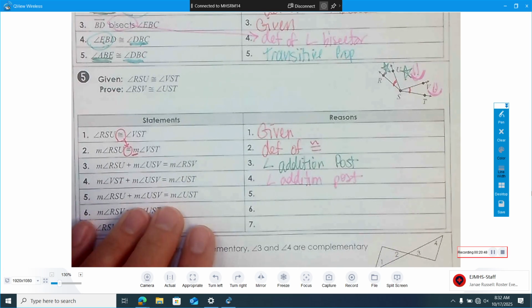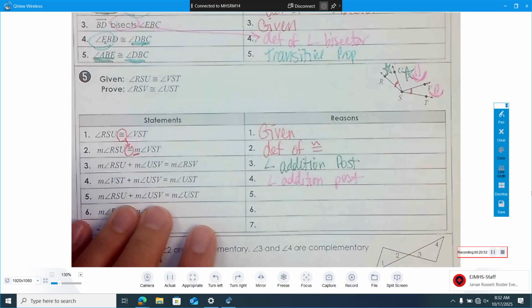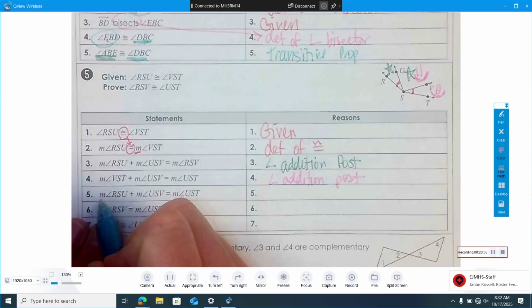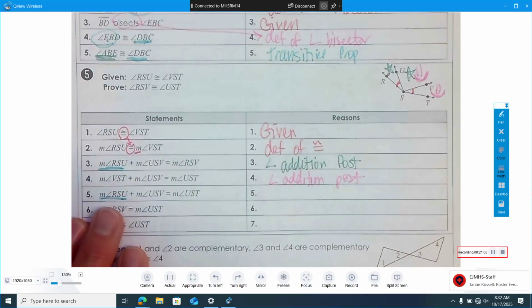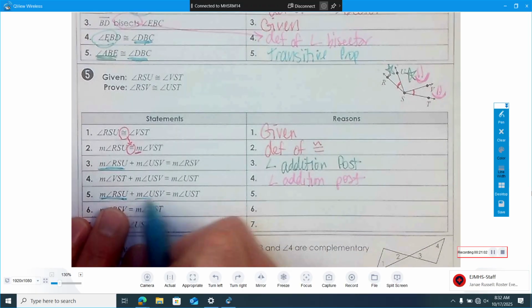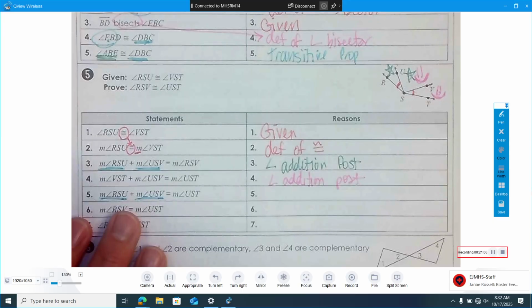Let's look at number 5. Is it the same? Let's compare. What is it exactly the same as? The measure of RSU, that's the same as step 3. And then USV is the same as step 3. Those are the same.